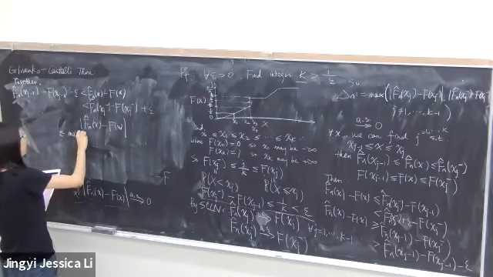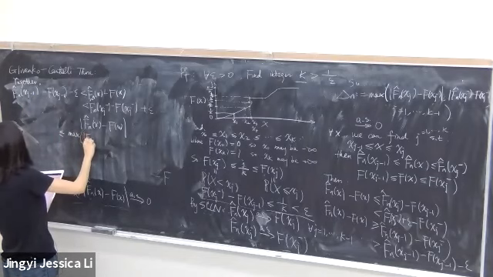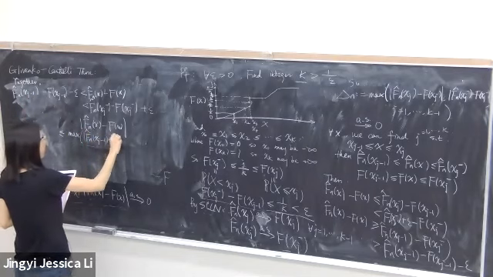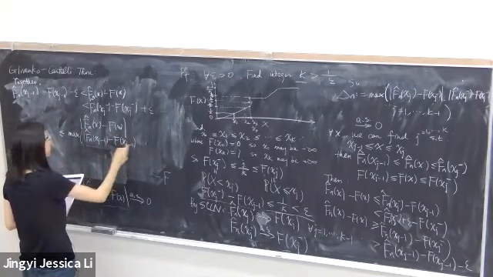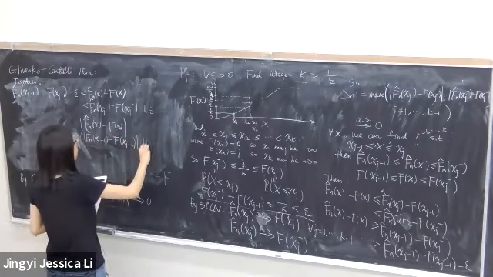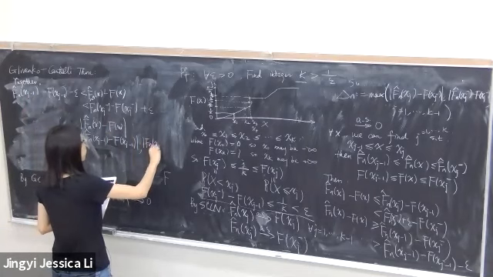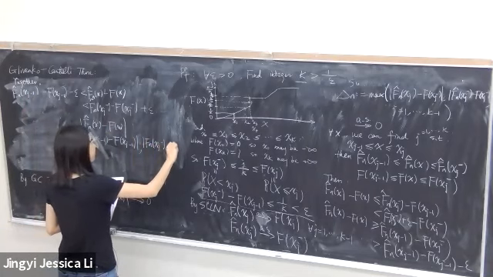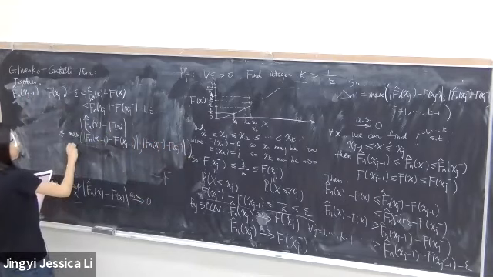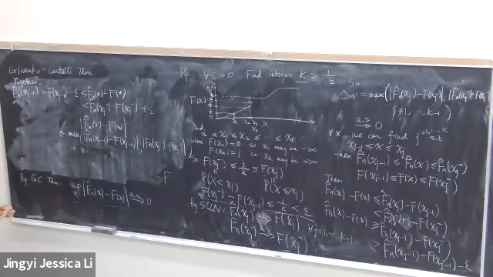The max of the absolute value of fn hat xj minus f xj minus 1. First absolute difference, second absolute difference. The maximum of those two plus epsilon. So we will have that. Does it make sense?